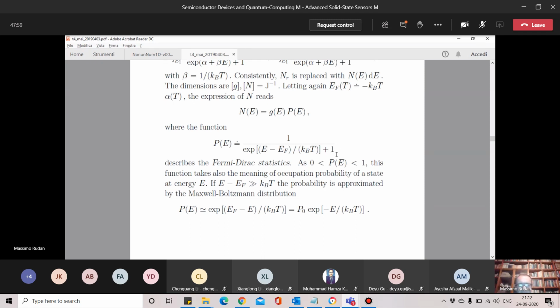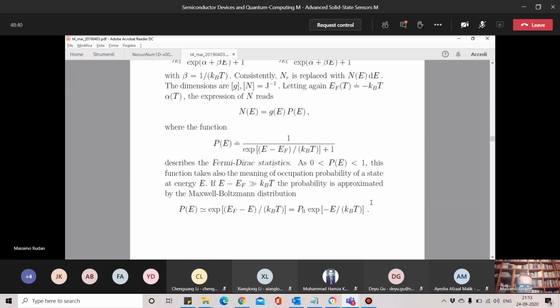So in this case, the unity at the denominator dominates, and the limit of the Fermi statistics to the left is equal to 1. Okay? The final observation is that for the value of energy E that is exactly equal to the Fermi energy, the exponential becomes equal to 1, so that at the Fermi level, the Fermi statistics becomes equal to 1/2.